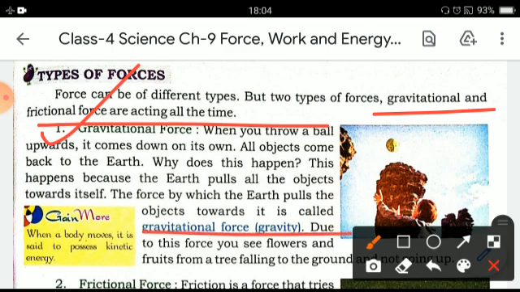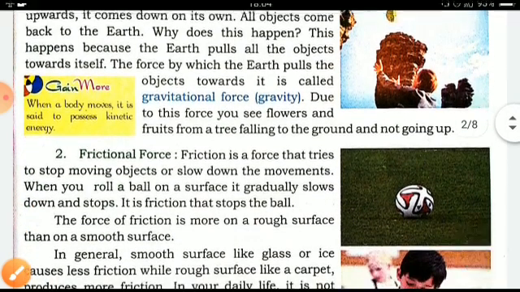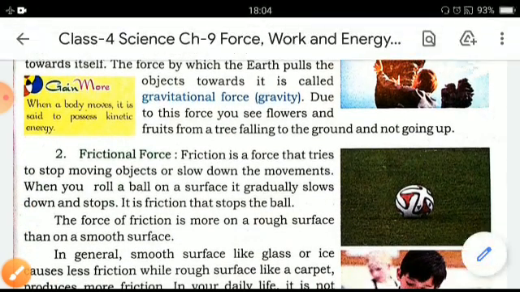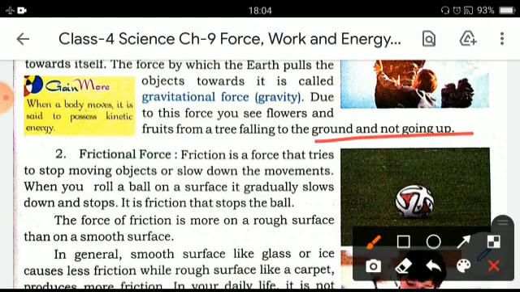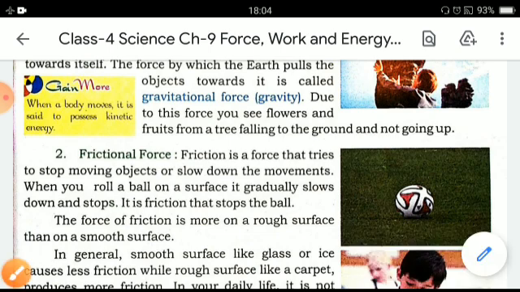And due to this force, you can see flowers and fruits from a tree falling to the ground and not going up. Because as we all know, earth is a big magnet which attracts everything towards itself.